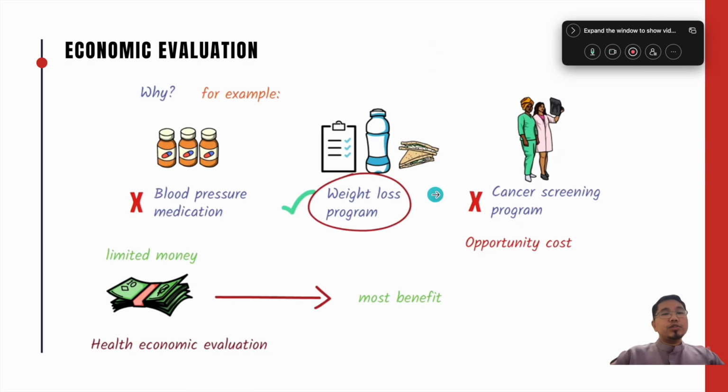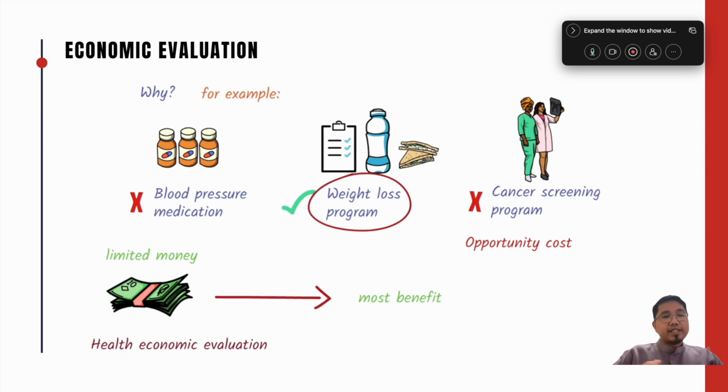Why do we need to do this economic evaluation? Actually, in our setting, we have so many interventions or programs, but with limited resources, I mean limited money. So health economic evaluation will ensure we choose the best intervention, the one that has the most benefit to us.